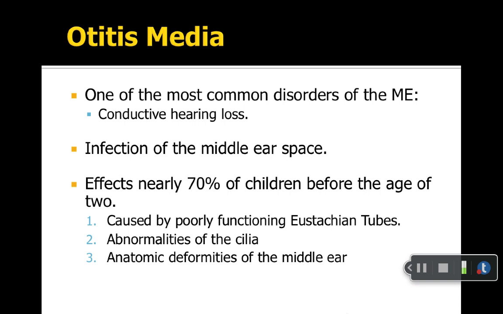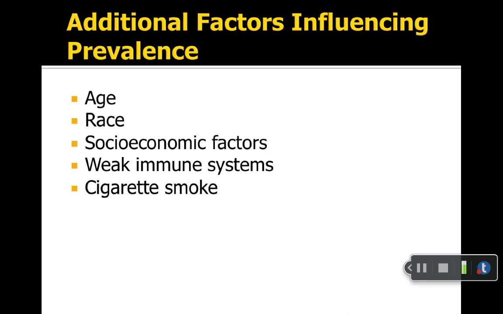It affects nearly 70% of children before they're 2 years old, caused by poorly functioning Eustachian tube, abnormalities of the cilia in the middle ear, and anatomic deformities of the middle ear. There are additional factors that influence prevalence, including age, so younger, race, some people who have rounder faces.